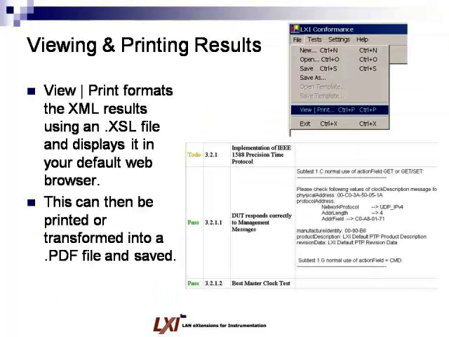A couple of things about viewing and printing results. Because the results file is an XML file, I provide an XSL translation file to make them a little prettier. I give you some color coding on the pass-fail out here.